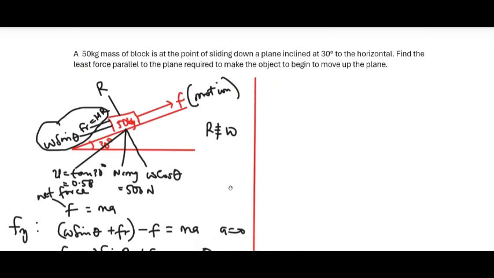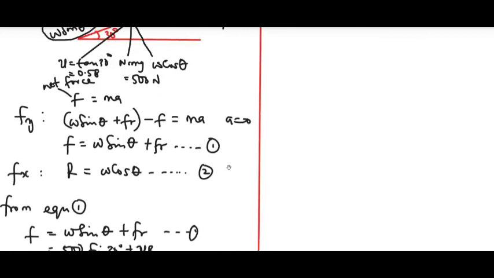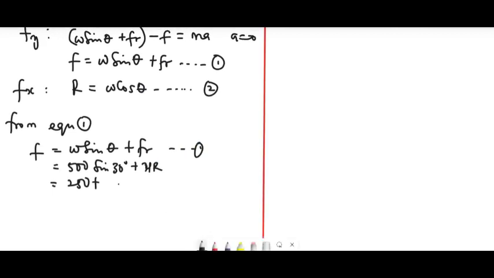So quickly, we have 0.58. That is equals to your F. We don't have R, so that's still equation 1. So from equation 2 now, we have R to be equals to W cos 30 degrees. So what's our W? 500, right?